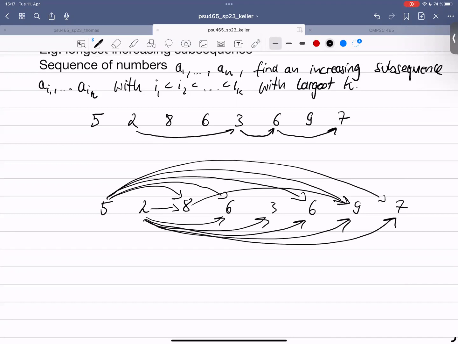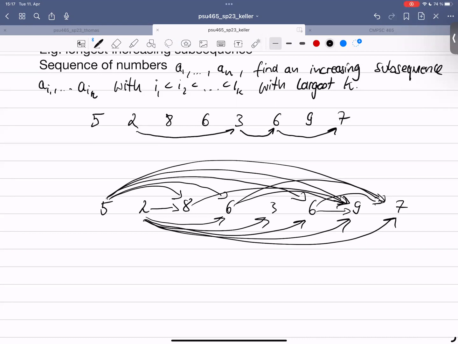From 6, I could go to 7 and to 9. Same for this 6. And so on. Now, we're done. 9 cannot go anywhere. So this is the graph that shows basically all possible transitions between 2 numbers.